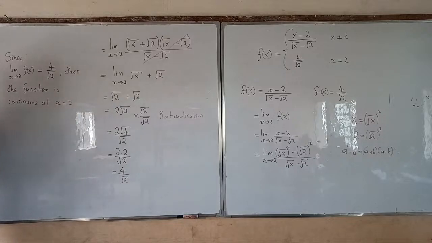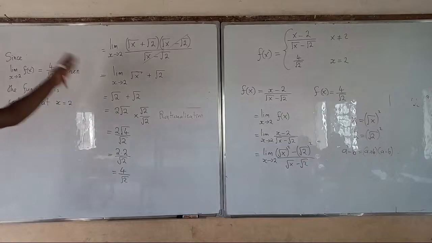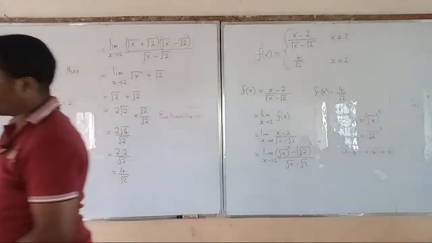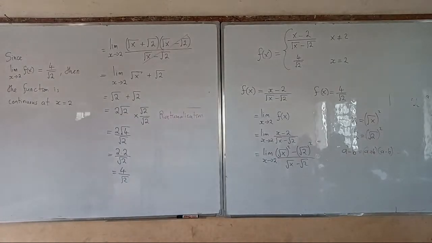Because it said discuss, since we're discussing, we need to give a conclusion. So since the limit is the same as the function value, the conclusion is that it is continuous at x equal to 2.